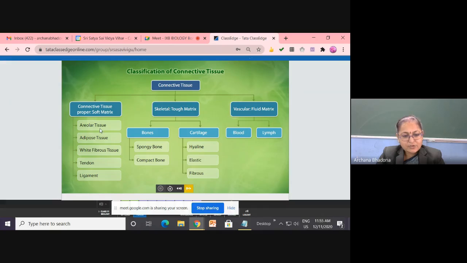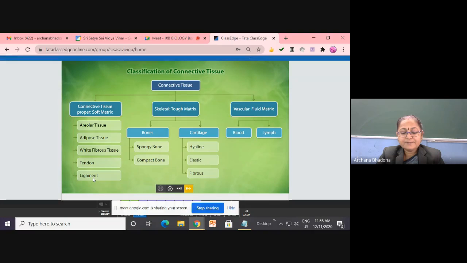Areolar tissue, adipose tissue, white fibrous tissue, you leave it. You write tendons and ligaments. So 4 you will write down. They have a proper soft matrix: areolar tissue, adipose, tendons and ligaments.